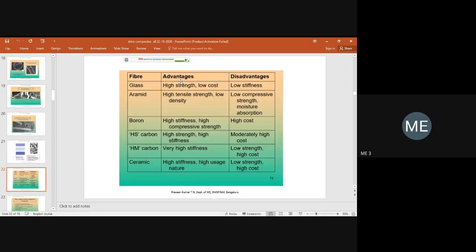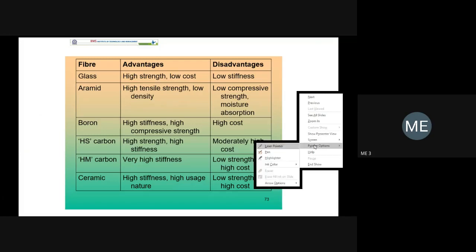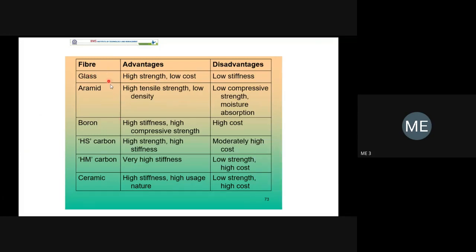Don't worry about these advantages and disadvantages. From your examination point of view, you have to remember what fiber materials are used in polymer matrix composite. All the information is available in the PPT, and that is sufficient for your class test. Even for case study questions, the basic properties of metal matrix composite material, and the advantages and disadvantages of composite material, all information is available.